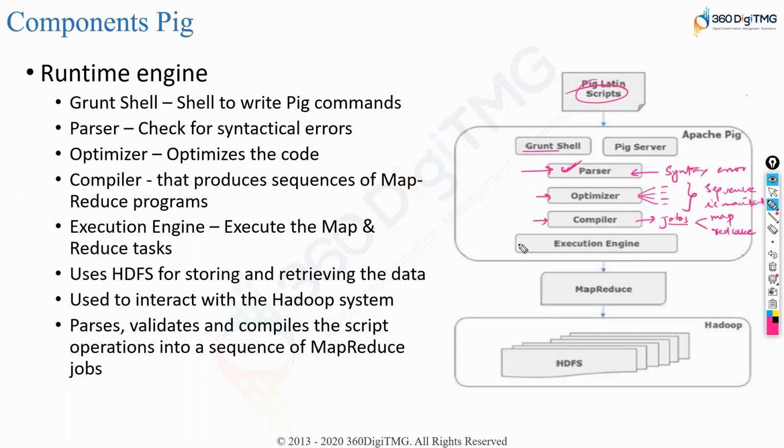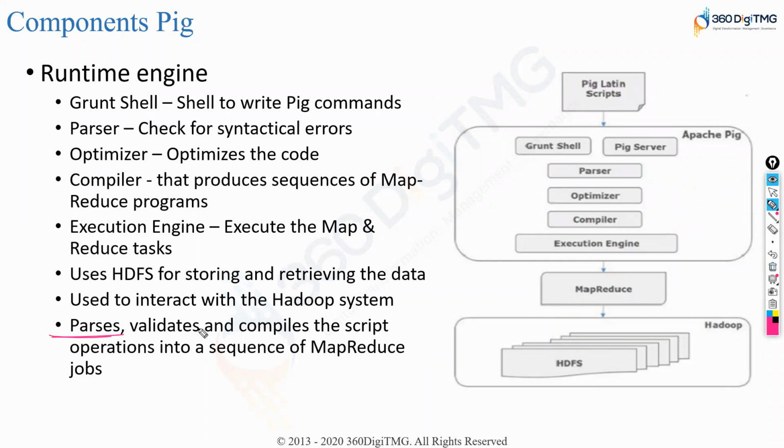And those jobs are executed by the execution engine, the executor. Those MapReduce jobs are getting executed. MapReduce works on Hadoop and works with the data which is on HDFS or, for that matter, the local file system. It copies the data into memory and then does the transactions. So this is basically how your flow happens.